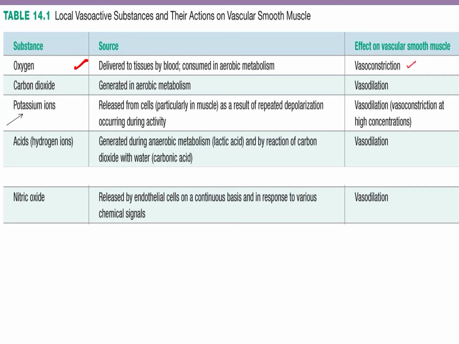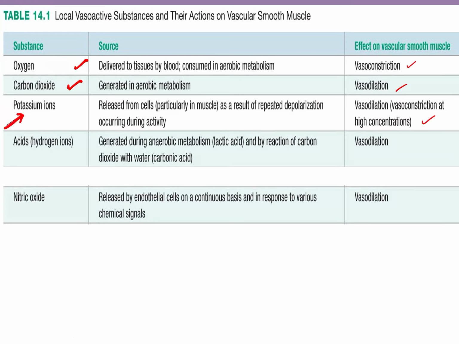We don't need to be dilated to perfuse the tissue because there's already plenty of oxygen there. Carbon dioxide, if you build up in carbon dioxide, it's going to dilate those blood vessels because it tells the tissues that it's time to get rid of that waste, right? And it's time to probably deliver oxygen to the cells because the cells are very active. They're producing a lot of CO2.